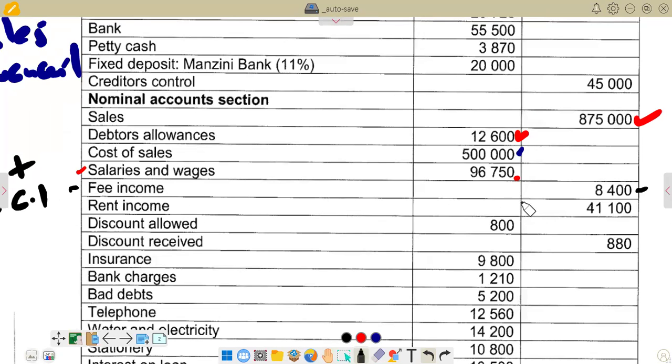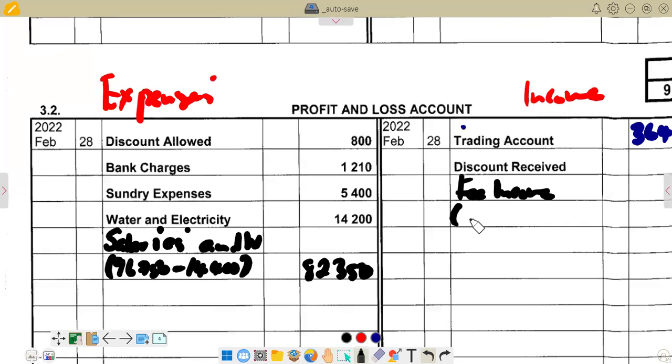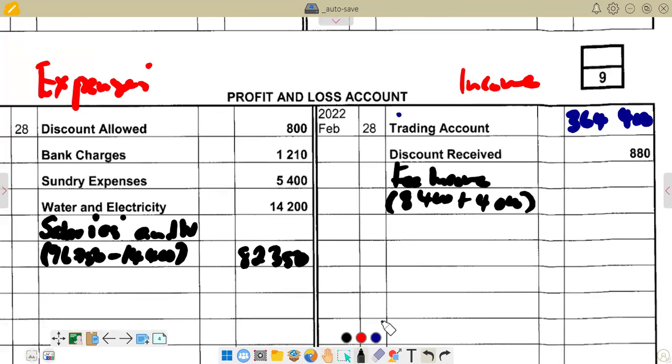Fee income, we've got 8,400, then we add 4,000. So let's try to calculate that one. If you calculate correctly there, 8,400 plus 4,000, you get 12,400. So here we're saying we've got 12,400.